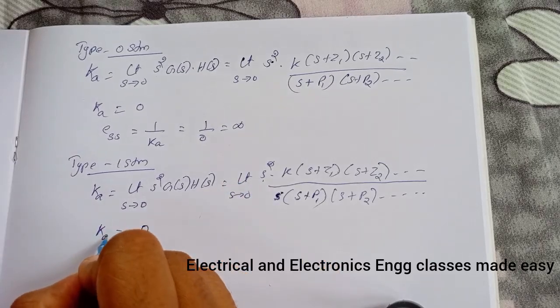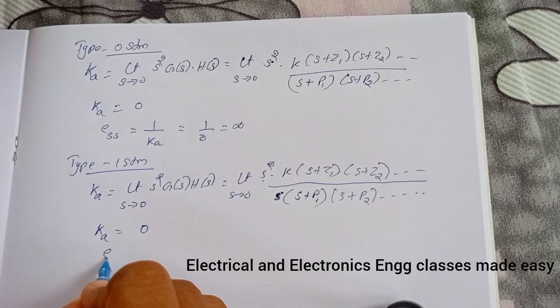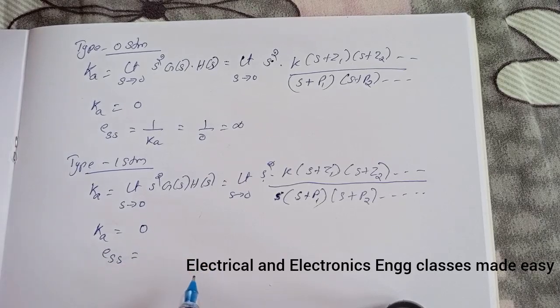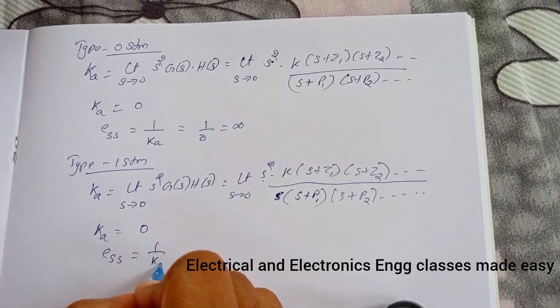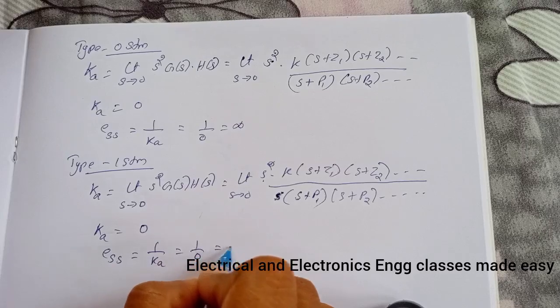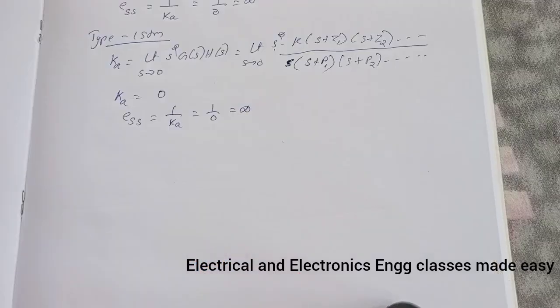So Ka is equal to 0 and we get ESS, that is the steady state error, equal to 1 divided by Ka equal to 1 by 0 equal to infinity.